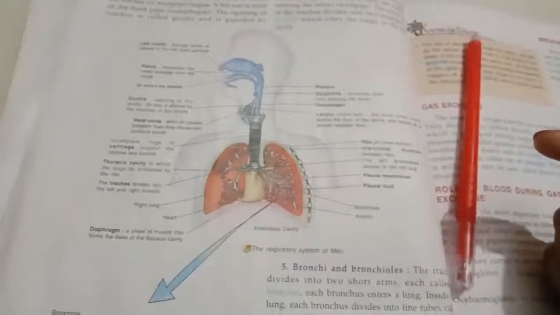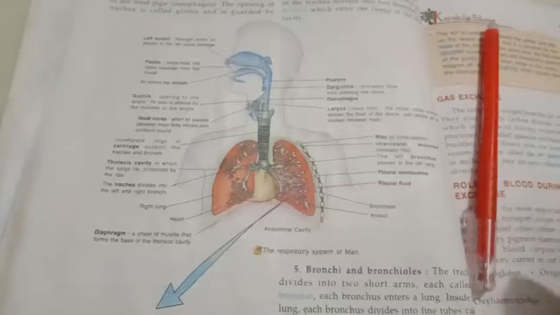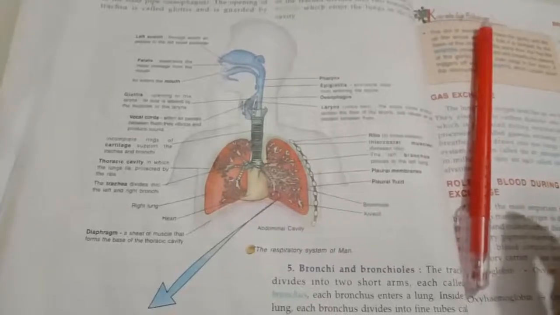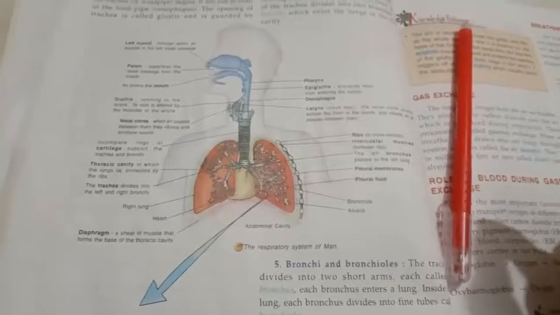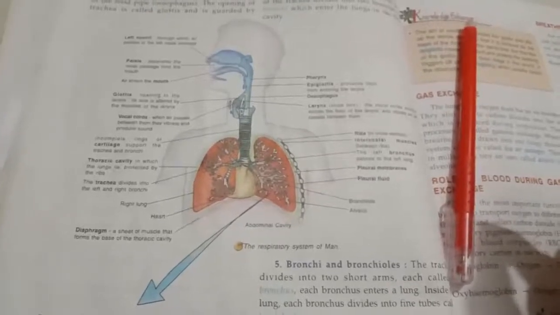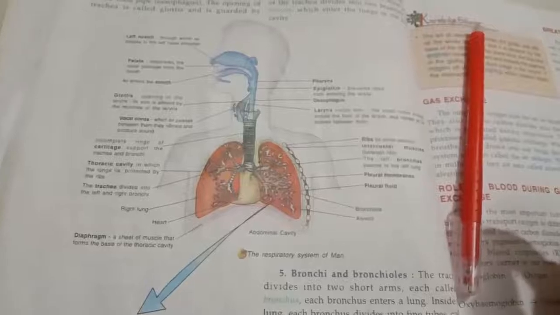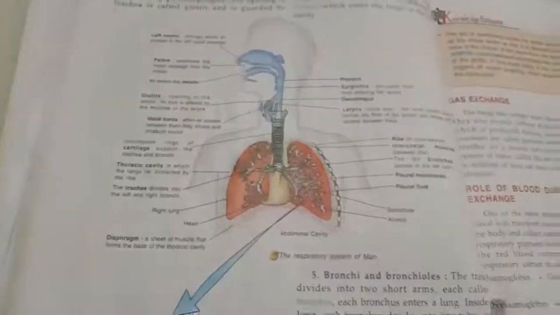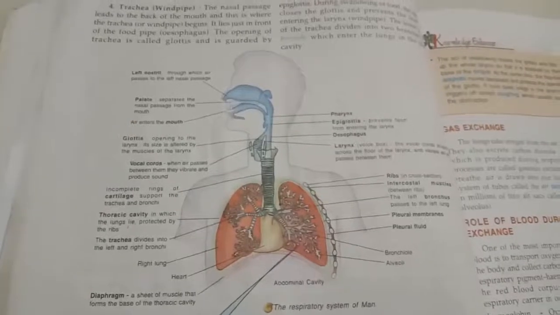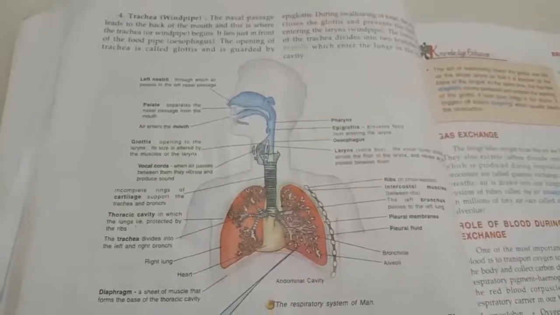When we are swallowing food, for that very small moment the epiglottis remains closed, closing the opening of the windpipe and preventing food from entering it.